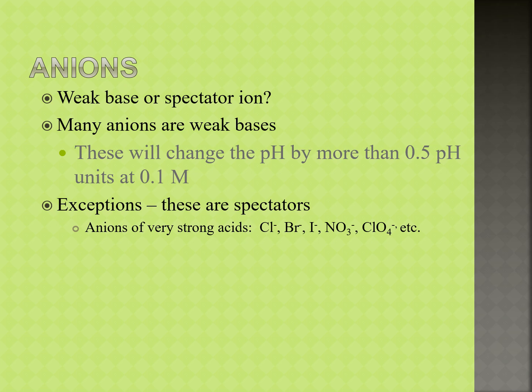As I said, these might be a little bit more confusing than the exceptions for our cations. However, if you took my advice earlier and memorized the 7 strong acids, well, any anion of those 7 strong acids are going to be spectators, neutral.